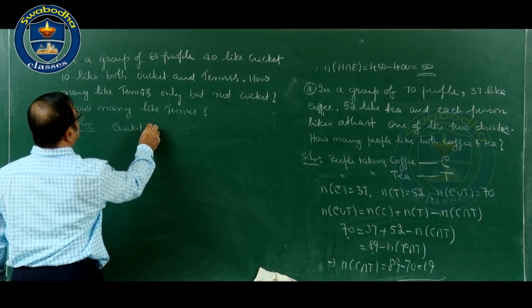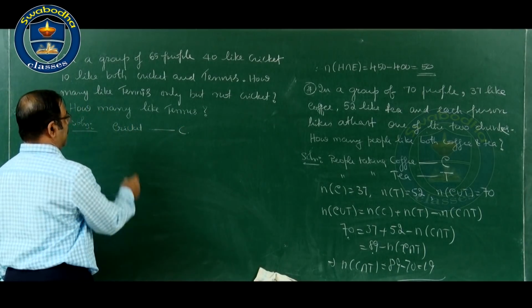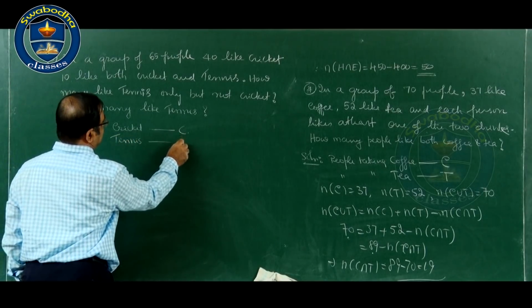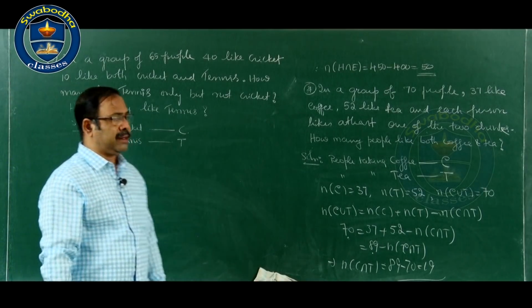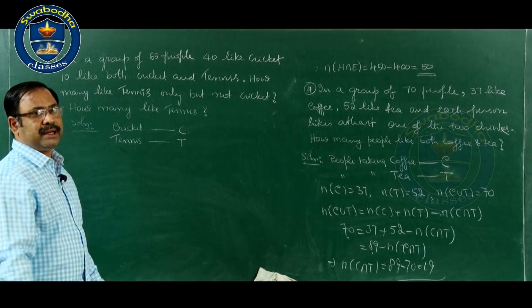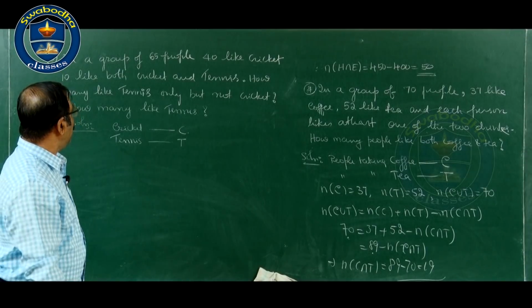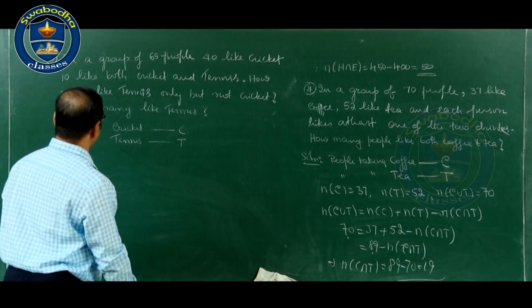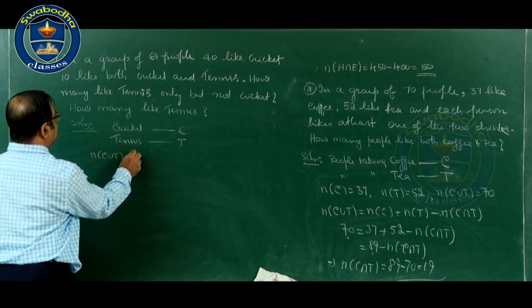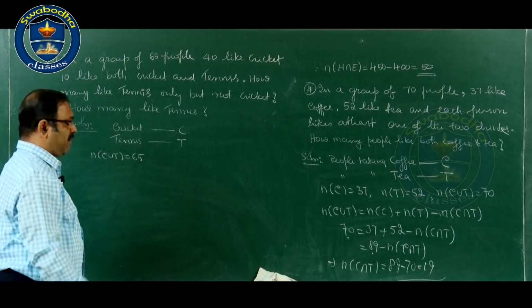Now cricket, I am taking as C. Tennis, I take it as T. Now 65 people, so N of C union T is 65.